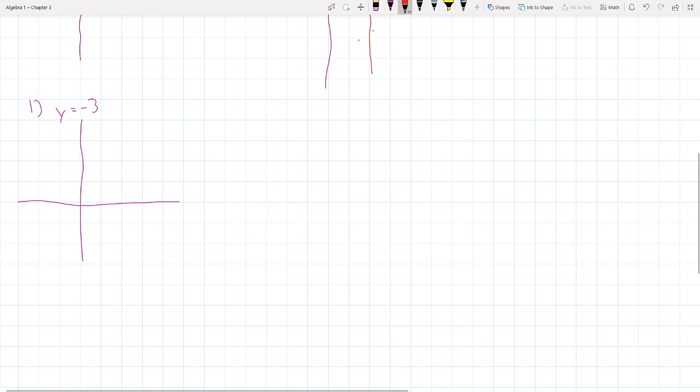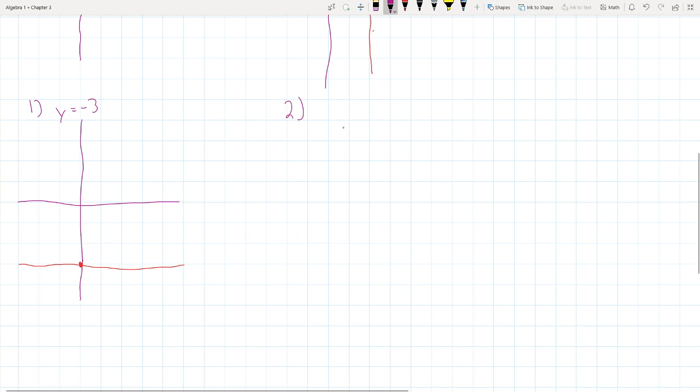If you look at it, this is a horizontal line, because y is -3, and y is always -3. It's nothing but -3. And our y-intercept is at -3.